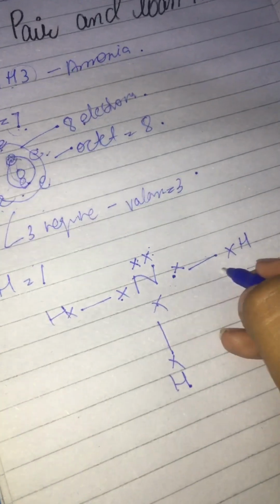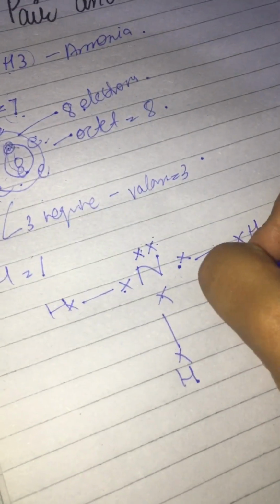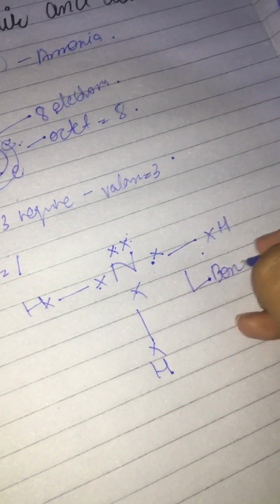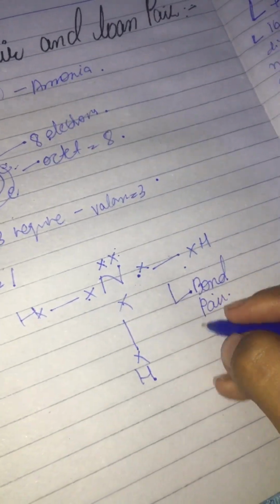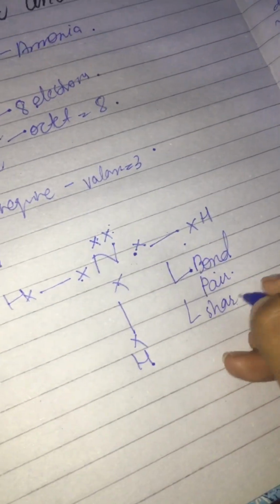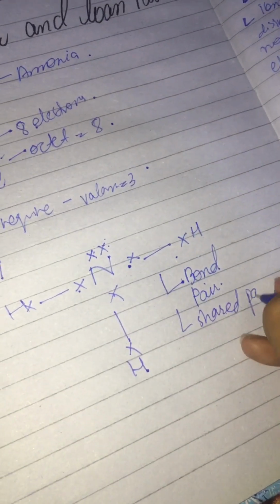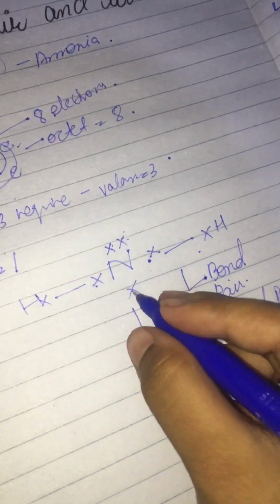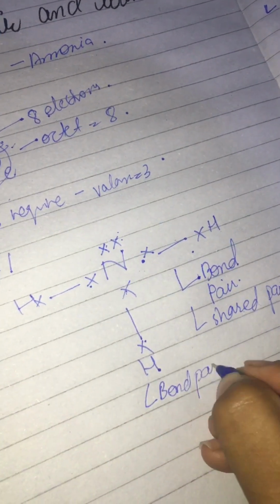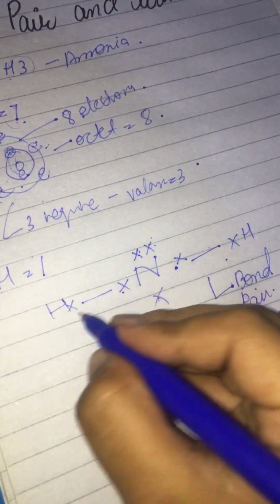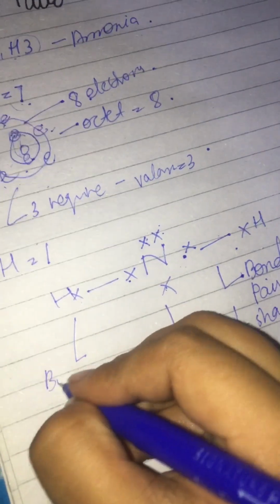The one that makes a bond with another is known as a bond pair, and a bond pair is also known as a shared pair. Even this one is making a bond, so it is also a bond pair.